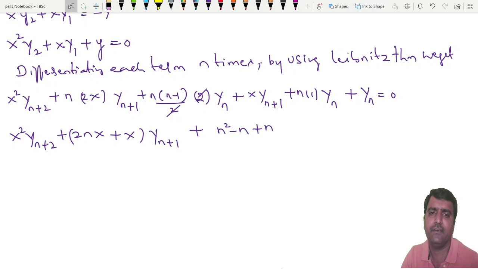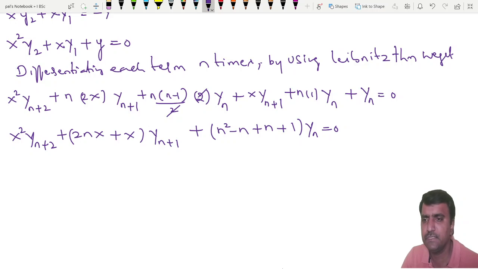When you take yn as common factor, remaining is n, plus if you take yn common factor in the last term, remaining is 1, this into yn is equal to 0.